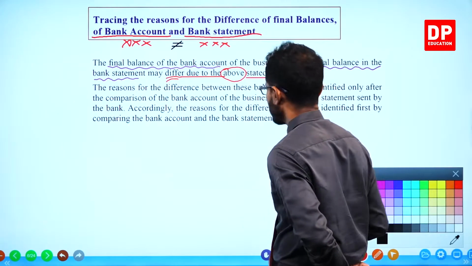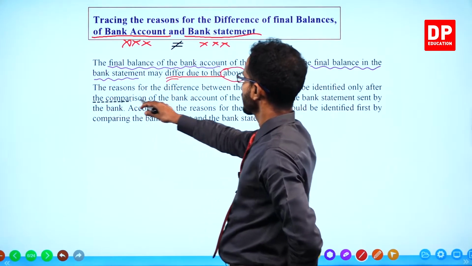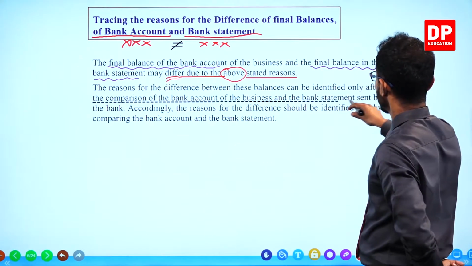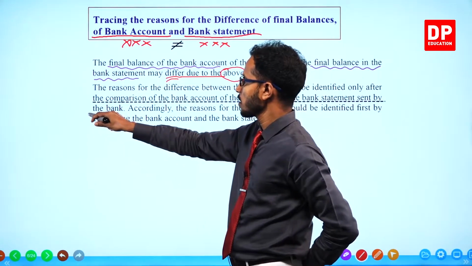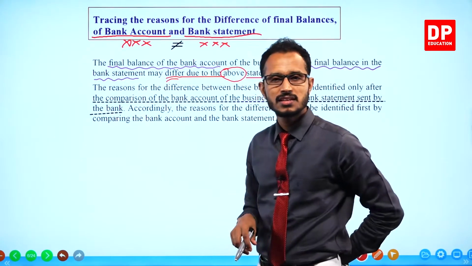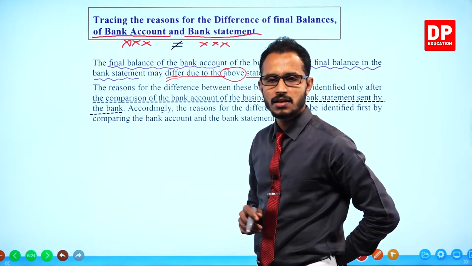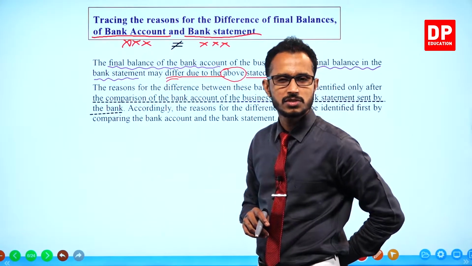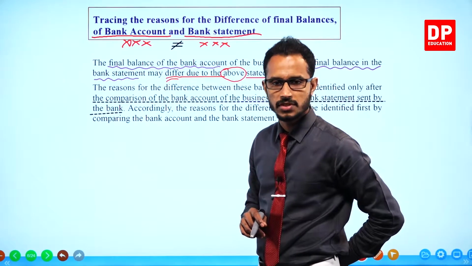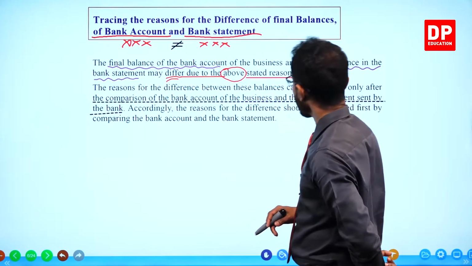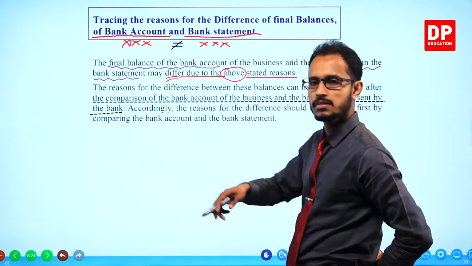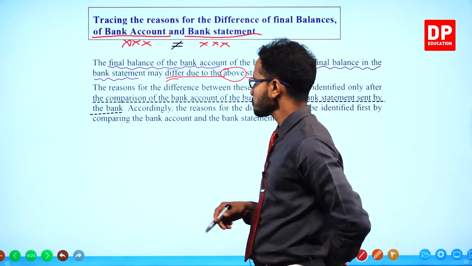It is a little confusing for some children, but we'll do it. Comparing the bank account of the business and the bank statement sent by the bank.